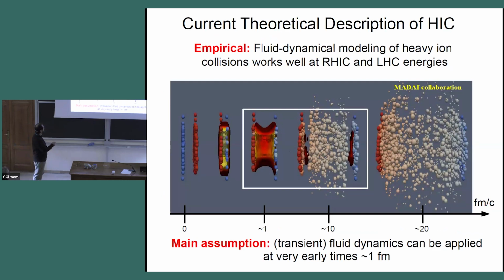And then this very hot system just expands, and the goal of these collisions and models is to study the fluid that is produced at the early stages with hydrodynamics, right?